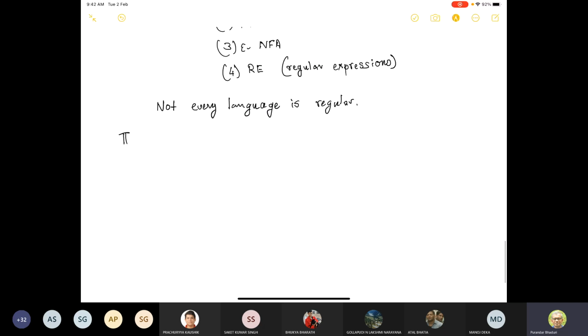Okay, so here's the theorem. And it is extremely important. It is a very powerful tool for showing that a language is not regular. And this theorem is known as the pumping lemma for regular languages.